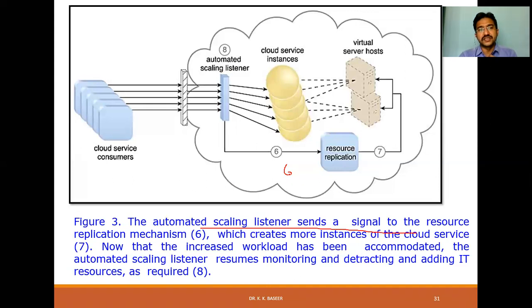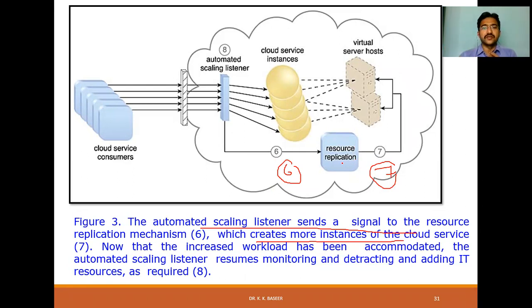This is the sixth step, when the number of requests coming from the cloud service consumer is exceeding. In the seventh step, the resource replication creates more instances of the cloud service, whatever instances have to be created. This is the seventh step.